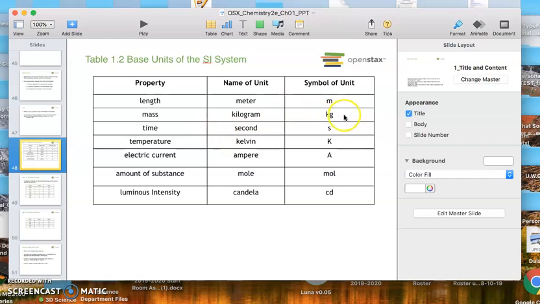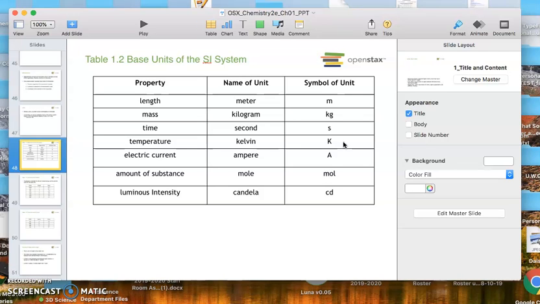But you have to be familiar with the properties and with the unit name and the symbol for the unit. For time, we use seconds. That is the unit for time. For temperature, we use Kelvin. Its symbol is a capital K. You're probably not used to using Kelvin when you're representing temperature.